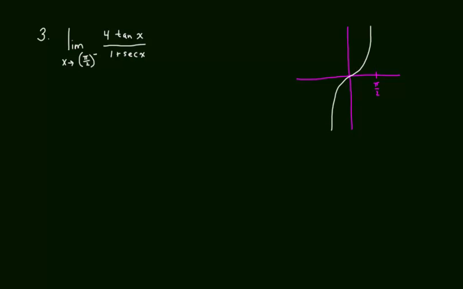Asymptotic behavior at pi over 2. Now if I continued to draw this, it would look like that. Okay, so we're looking at the function tangent of x as x approaches pi over 2 from the left. So we see that this is going to grow without bound. So the numerator is approaching positive infinity.